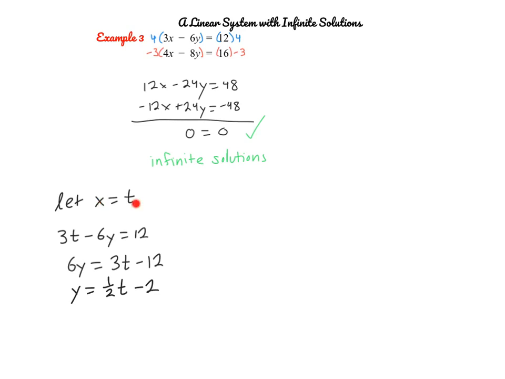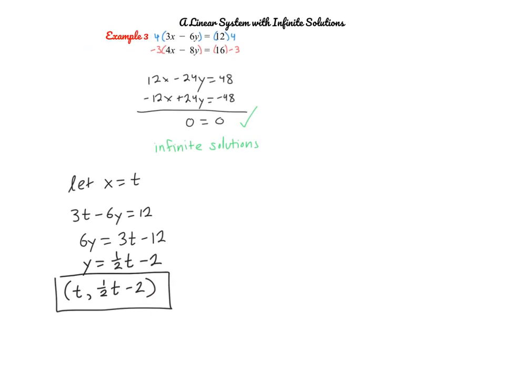So now that both x and y are in terms of t, this gives us a model that can tell us possible solutions. You can pick any value for t, and if you plug it into this formula, it gives you possible solutions.